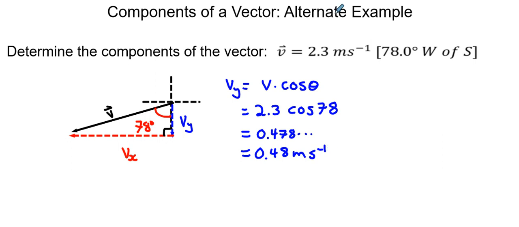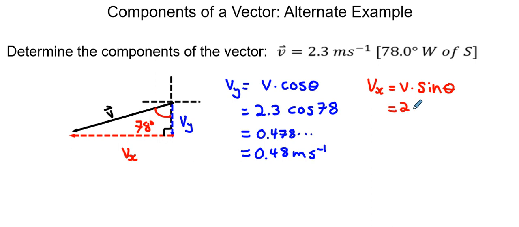We can repeat this now for the x direction. It's going to be the hypotenuse v times the sine theta. And sine theta is 78, and we can see now we're the opposite side, even though we're the x component.